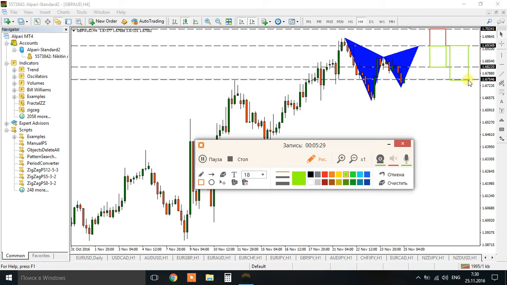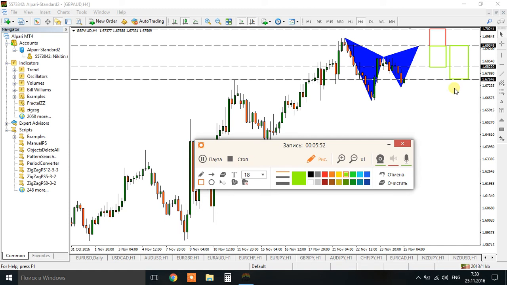So obviously, if this setup only works 50% of the time, you will generate money. But actually this pattern is about 60 to 65% accurate if it is in combination with support and resistance levels.